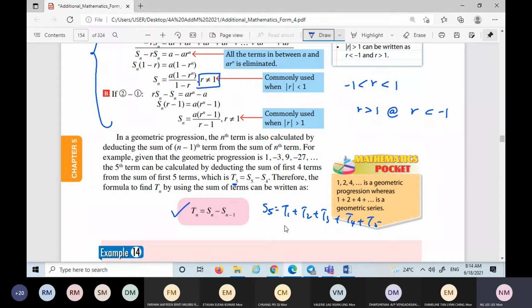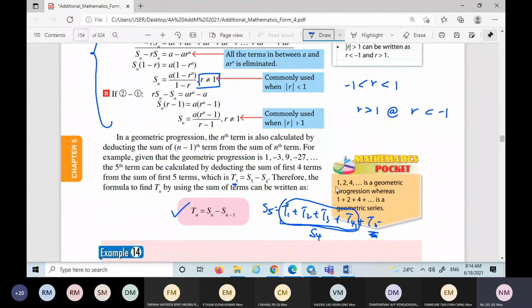S4 means T1 until T4. So your S5, you minus out the S4, then your balance is the T5. This is why we say that T5 is equal to S5 minus S4. So you can use this formula.